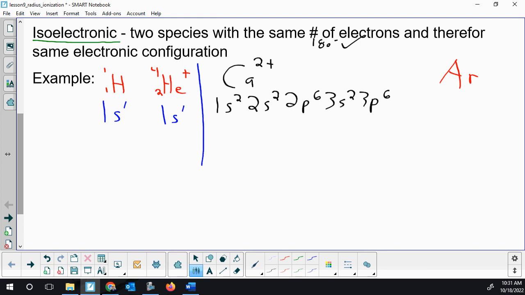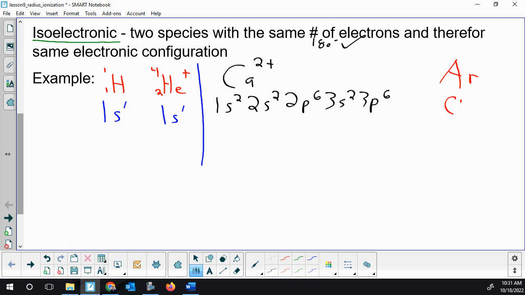Let's look at atoms that have less than 18 that you could add to. So less than 18 would be chlorine, only has 17. But chlorine, when it becomes chloride, minus, and gains an electron, would also have 18.